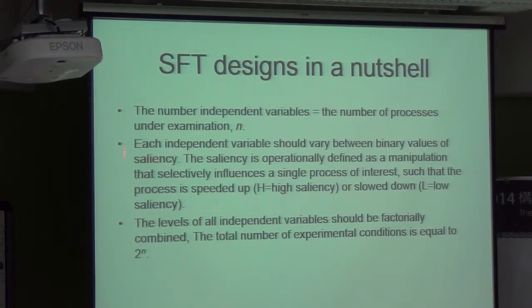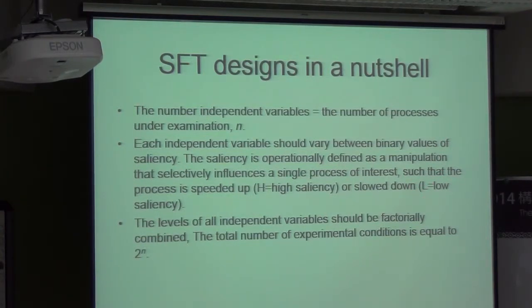Now, the second manipulation, a very important manipulation, is to add saliency to the whole method. Saliency is operationally defined here as a manipulation. There's a certain experimental manipulation that selectively influences a single process of interest, such that the process will be sped up, and we call this H, high saliency, or slowed down, in which case it's low saliency.